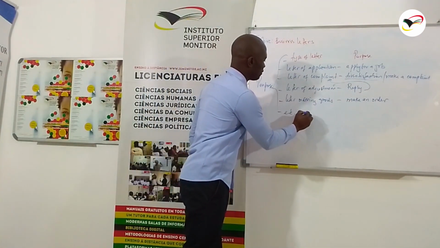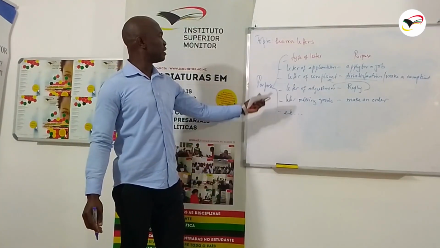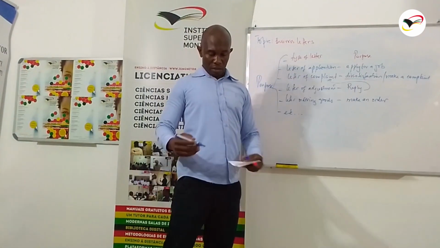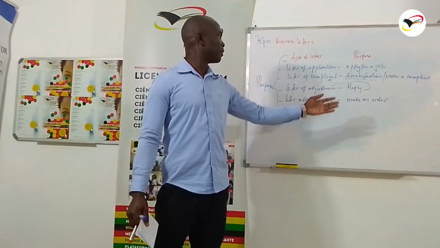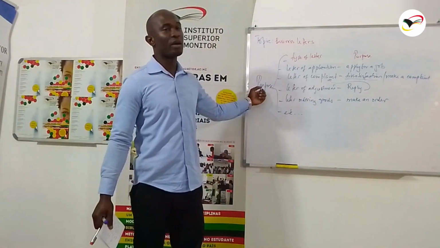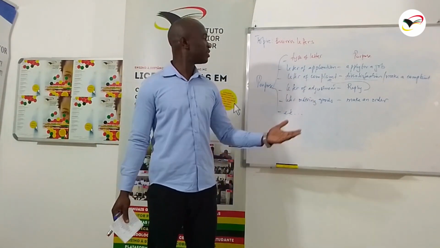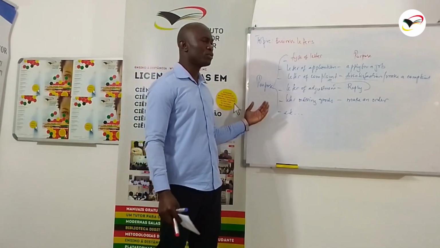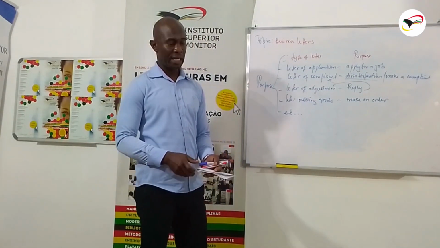Then we can have different types of business letters depending on the purpose. What we have to bear in mind is that the purpose determines the type of the business letter. Depending on the purpose, we can have different types of business letters.